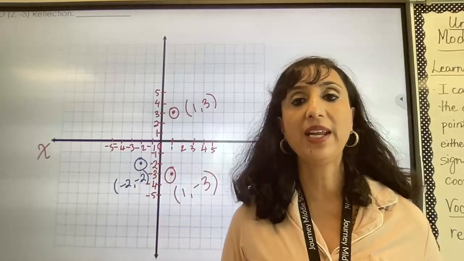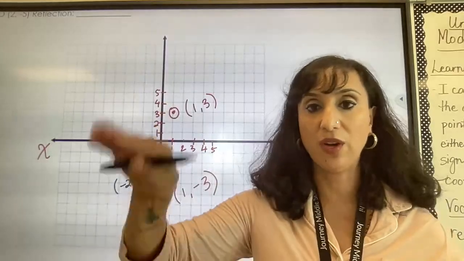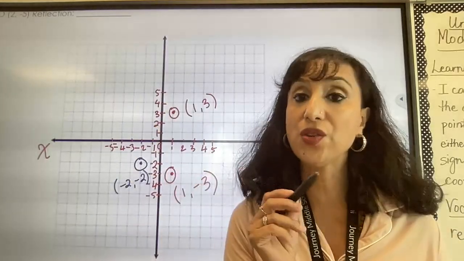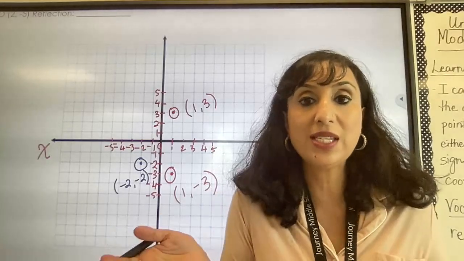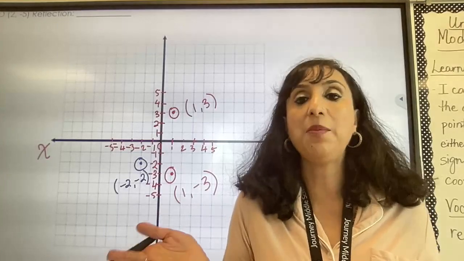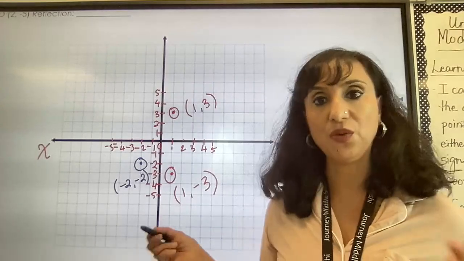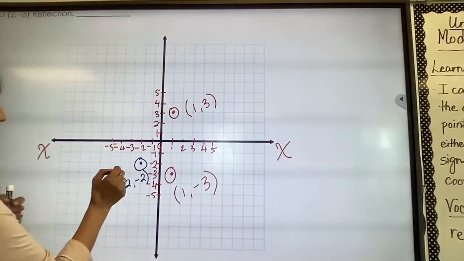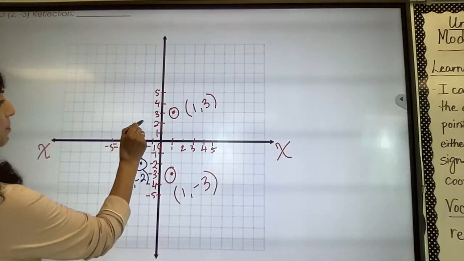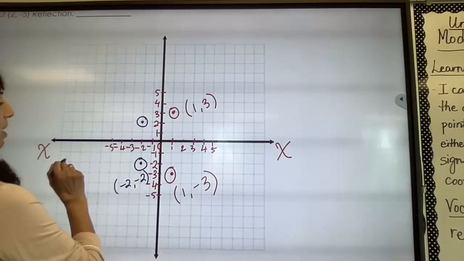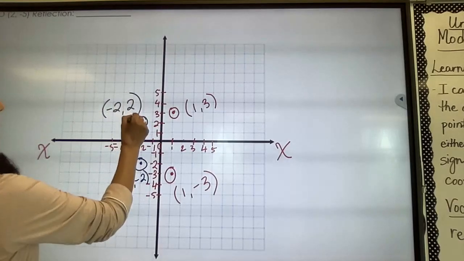So if I'm reflecting it on the x-axis, it's going from the bottom to the top, going over the x. X is going to stay the same. So that's why -2 is going to still stay -2. And I'm going to do the opposite of -2 for the y, which is +2. So here is my reflection. It goes from -2, which is the same, and it goes up to +2. So here is my reflected ordered pair over the x-axis.